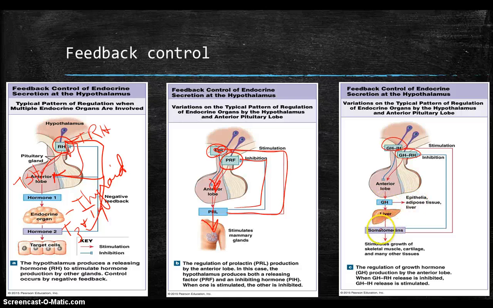If it goes to the liver, then we are going to get these somatomedins, which stimulate growth of these tissues. Again, you see that we have a negative feedback in that the somatomedins are going to stimulate the inhibiting hormone, and they're going to inhibit the releasing hormone.